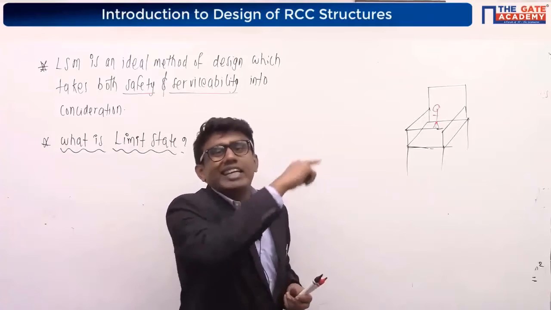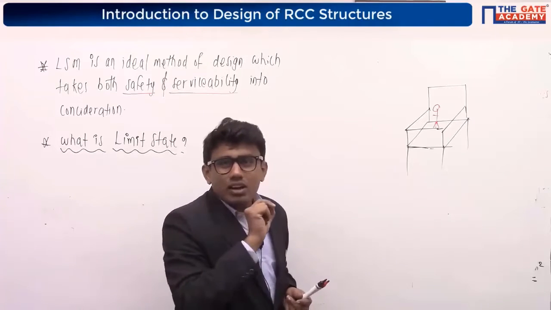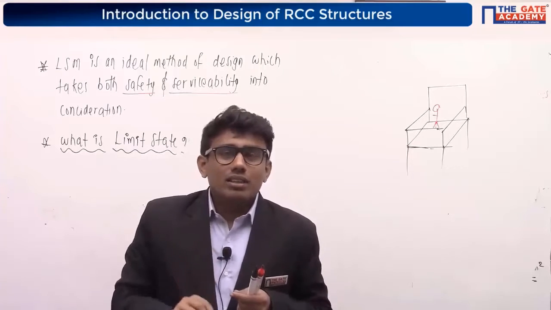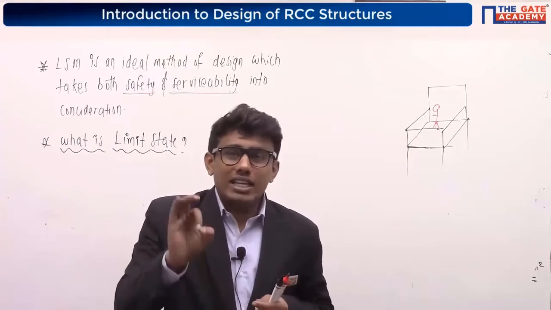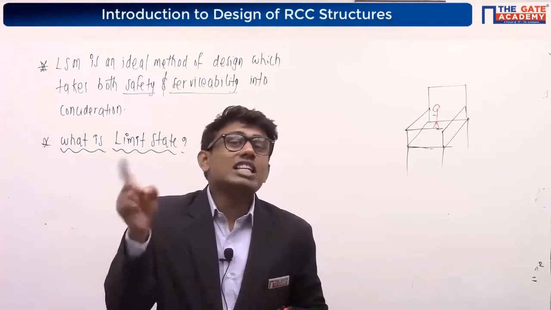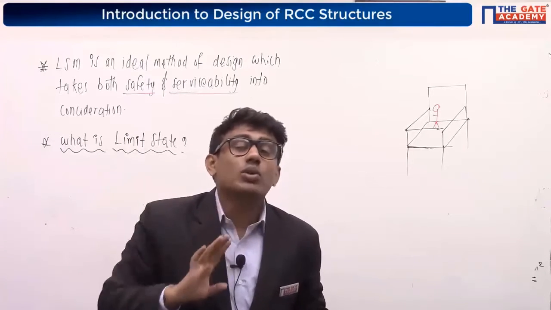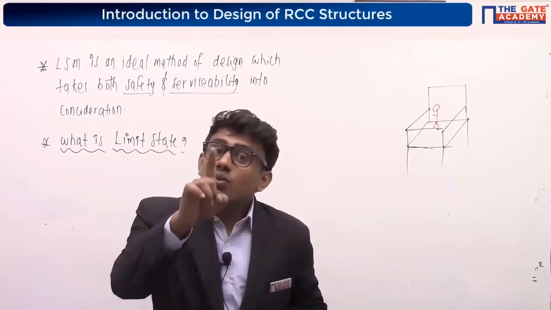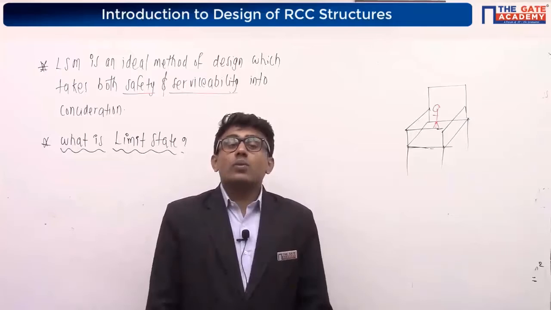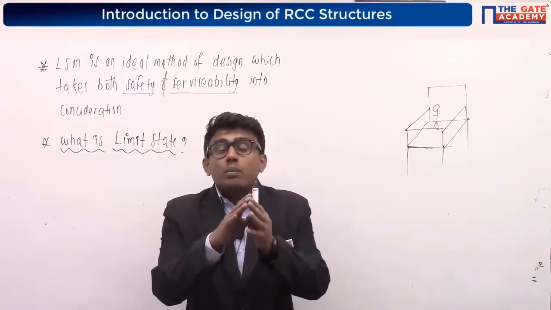If a 6th person is coming on this chair, what will happen? The maximum load the chair can accept is 5 persons' load. If a 6th person sits on that chair, the chair will fail, or the chair will collapse. The chair will break.